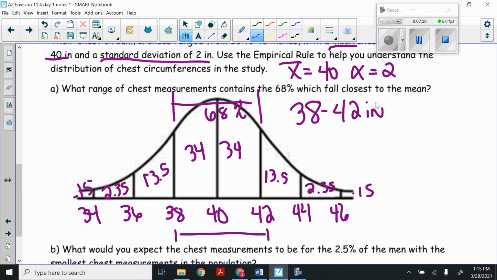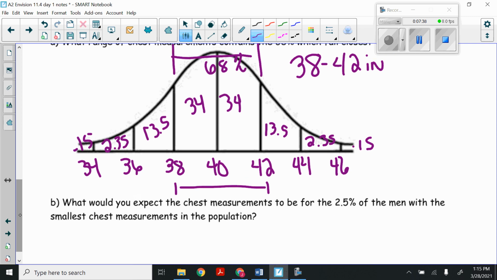Part B, what would you expect the chest measurements to be for the 2.5% of the men with the smallest chest measurements in the population? So the smallest, if I take 0.15 my wing plus 2.35, that gets me 2.5.